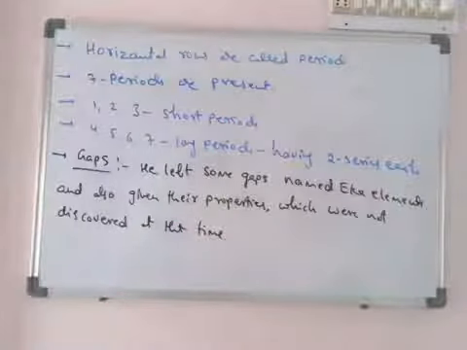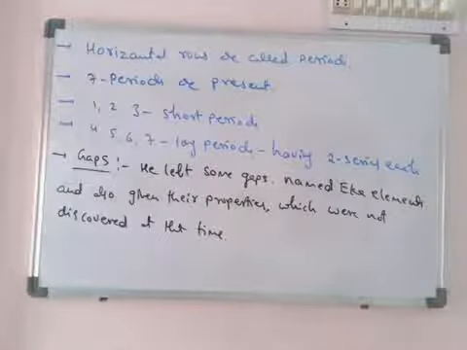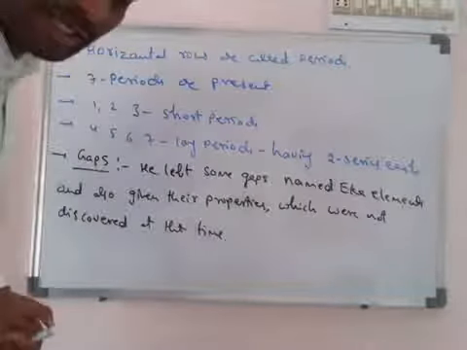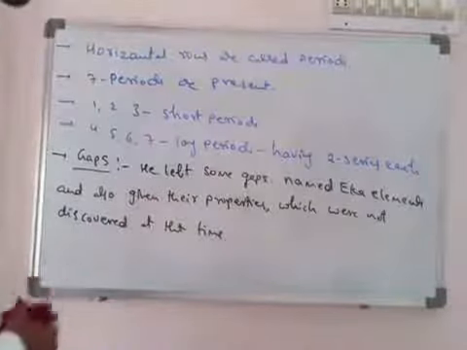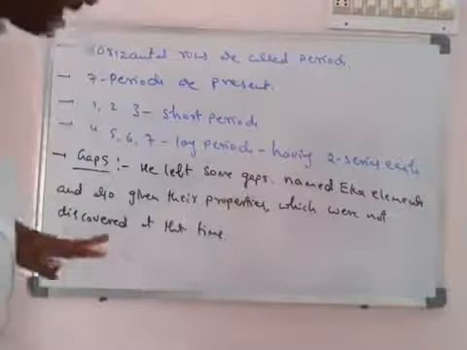Okay, so this is the very merit, a good point of his classification. So what are the gaps? He left some gaps named eka elements.